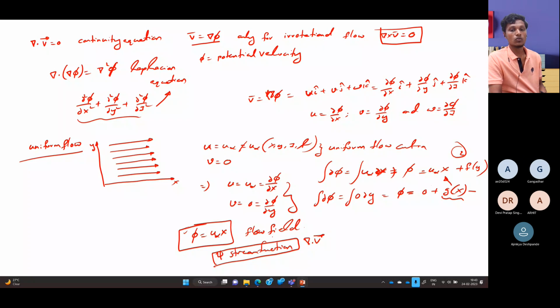That is the use of writing the flow field in other parameters like this potential function or stream function.